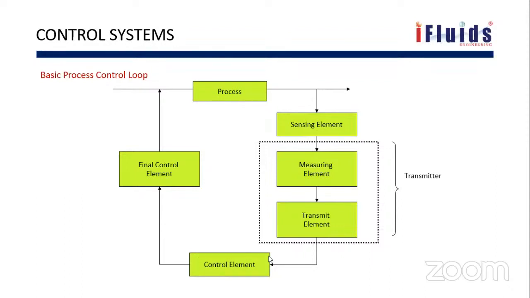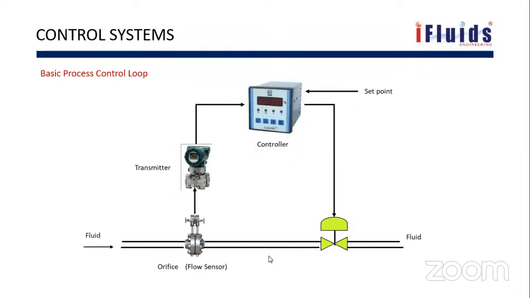Now we'll see the different important types of controllers. So this we discussed. Fluid flow is there, orifice meter, rotameter, venturi meter, anything, any flow sensor. We have the transmitter. It transmits that signal to the controller, and this controller is nothing but software where it compares the set point and the value of flow from this orifice.